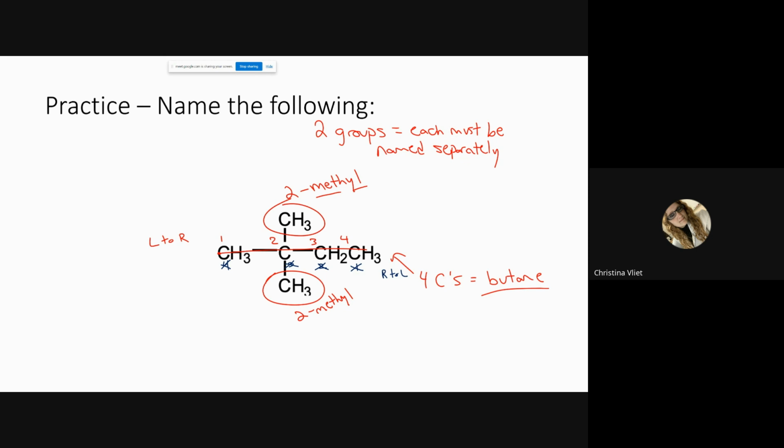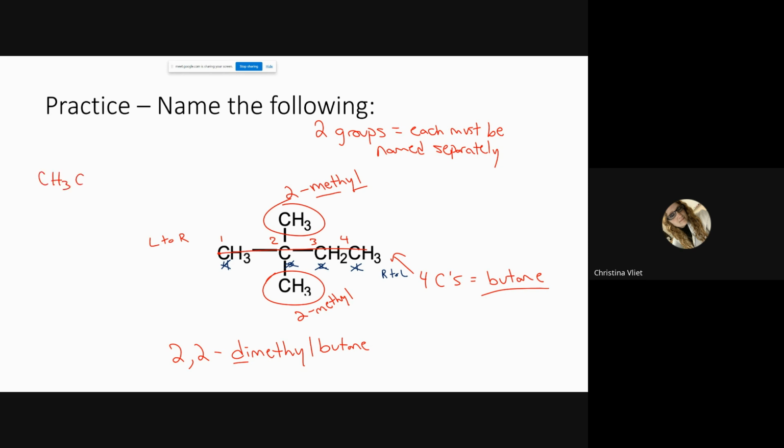When we put this together, we're actually going to call it 2,2, and you want to write this down exactly as I'm writing this, dimethyl. What does that communicate? 2 of the same group, and you have to say what location each of them are on. Why do you have to say which location each of them are on? Anybody have an idea?